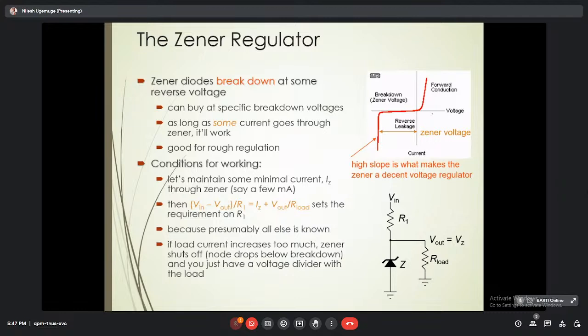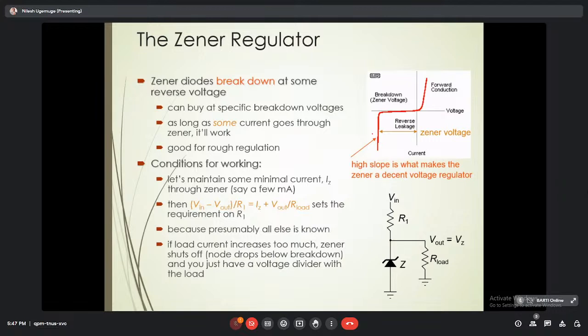In forward condition it works like a PN junction diode or semiconductor diode. But in reverse bias mode, here you can see we get a Zener breakdown voltage. At the Zener breakdown voltage, we can use the Zener diode as a voltage regulator, and that is the peculiar application of the Zener diode.